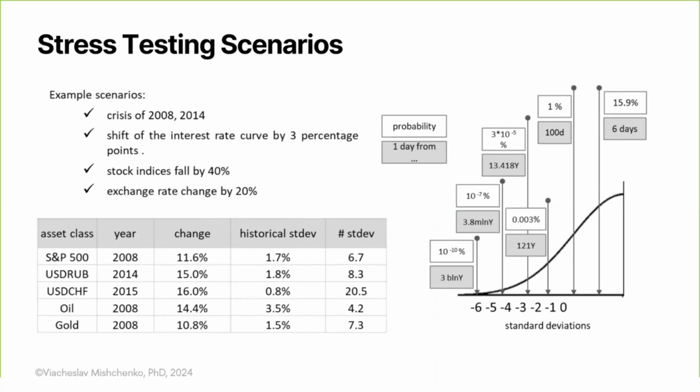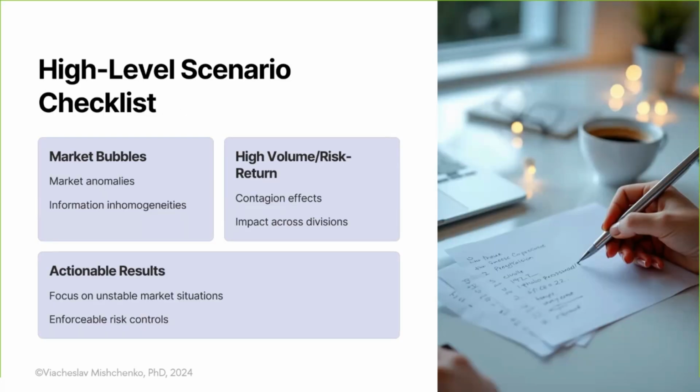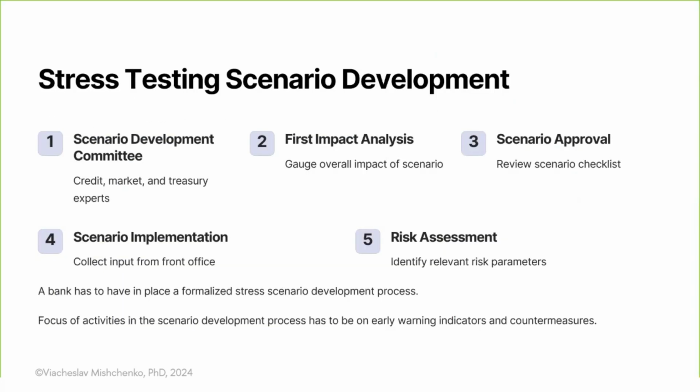Here you can see examples of stress testing scenarios. For example, the crisis of 2008 or 2014, a shift of the interest rate curve, stock indices falling by 40%, and exchange rate change by 20% and so on. I will omit this slide.